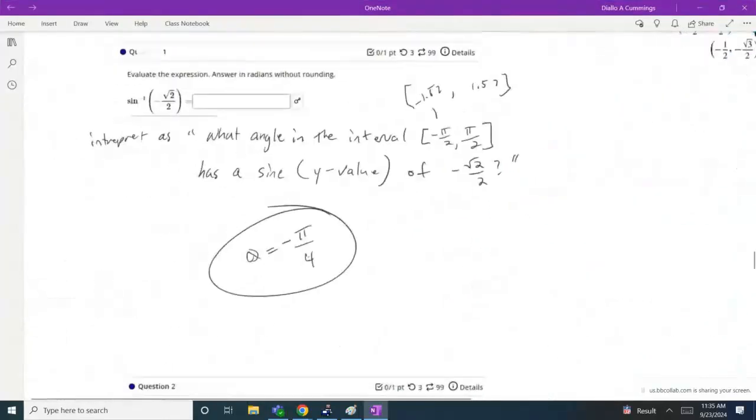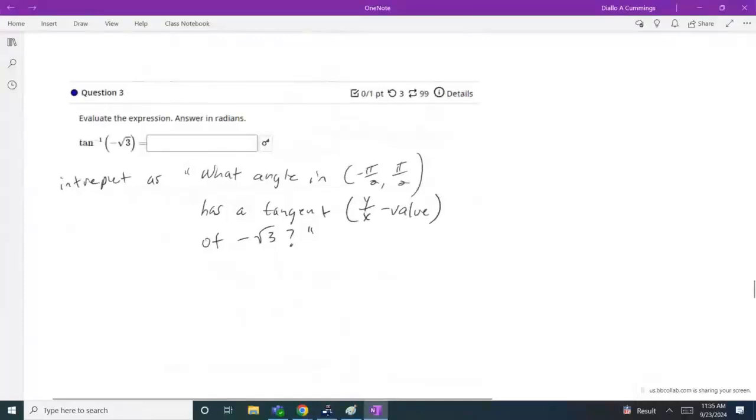So let's just go back for a second. So it says what angle in the interval from negative pi over 2 to pi over 2 has a tangent value of negative square root of 3?